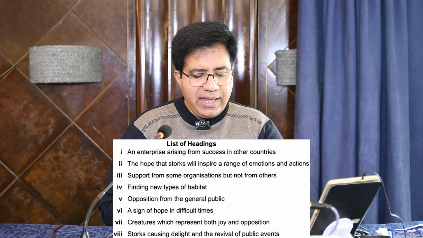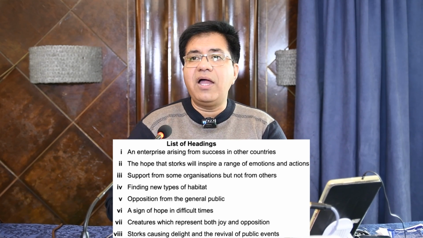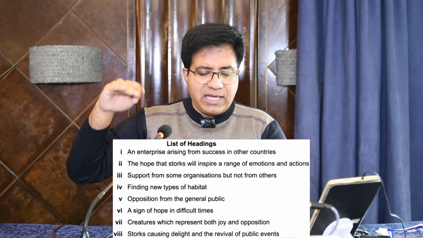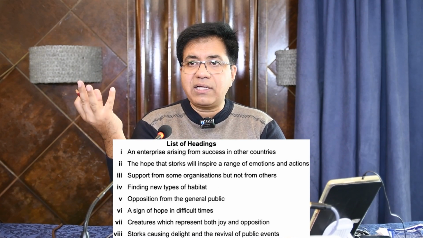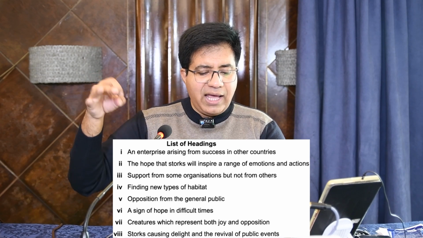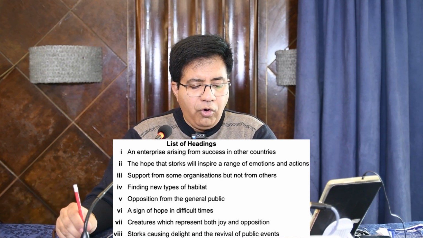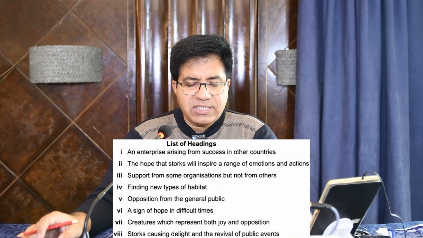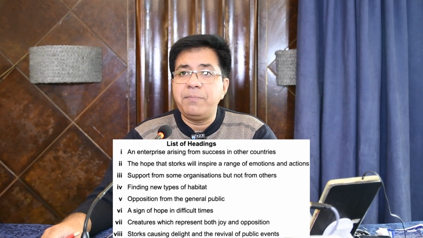Heading number 1, enterprise arising from success in other countries. Enterprise is a sort of company which is arising from success in other countries. So they will talk about other countries like UK, Poland, Spain, and a company that arose from success in other countries. Heading number 2, hope that storks will inspire a range of emotions and actions. You know, storks are associated with the birth of a new baby.